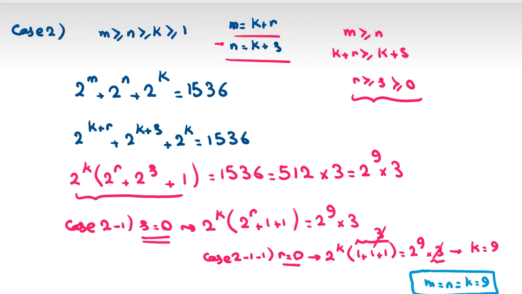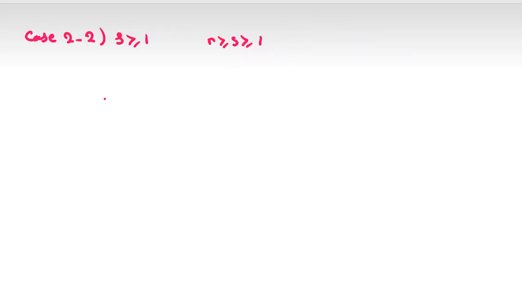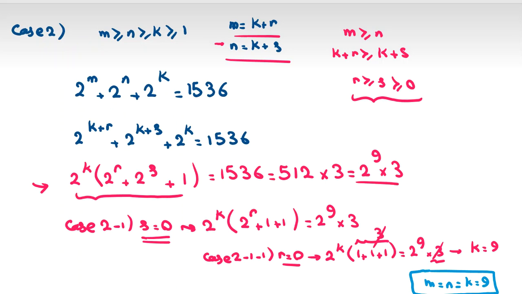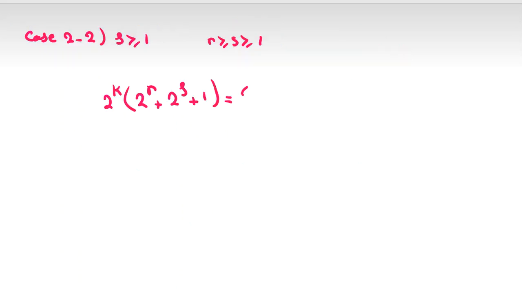If I write the equation here, 2 to the k times (2 to the r plus 2 to the s plus 1) equal to what number? 2 to the 9 times 3. Since r and s are at least 1, this part is even, sum of them plus 1 is odd. So 2 to the k times an odd part.